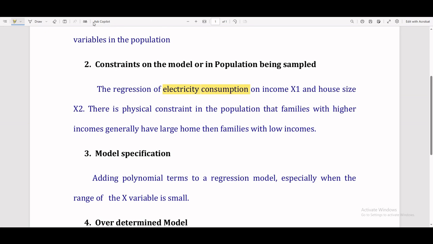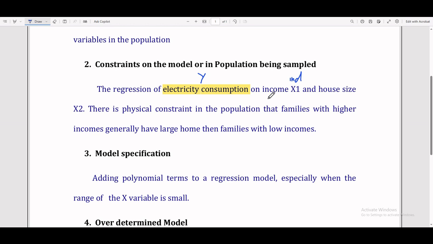Suppose that this is the dependent variable. We calculate electricity consumption on income x1, this is the independent variable, x1, and house size x2.